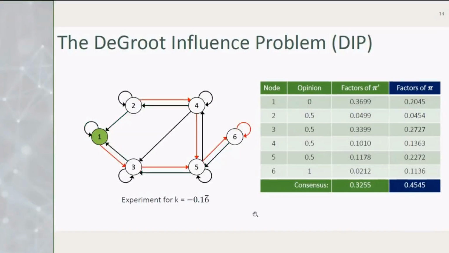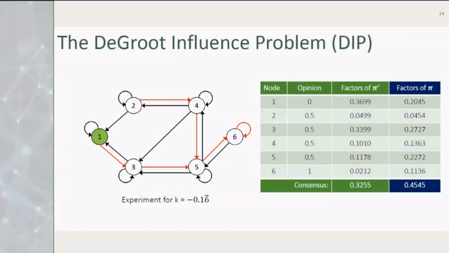A second example shows the actions of the player when k has a negative value. That represents actions of defamation of other nodes. So the player tries to downgrade, to disgrace the node 6, which hosts the rival opinion, and then indirectly promote the prevalence of node 1 or node 1's opinion, which is his favorite opinion.